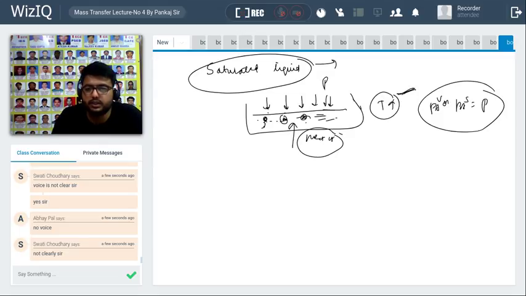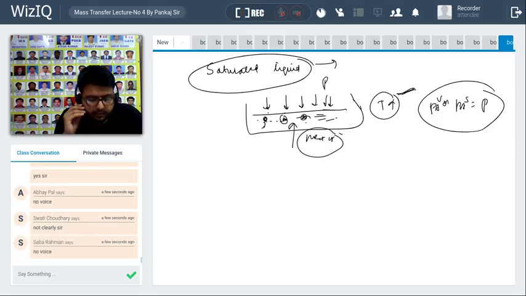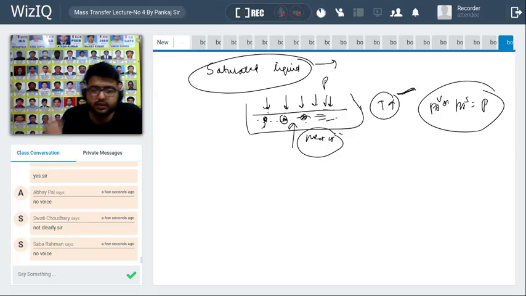But see, it is the same thing. The concept that I mentioned for the vapor is similarly the concept that I'm mentioning for the saturated liquid also.